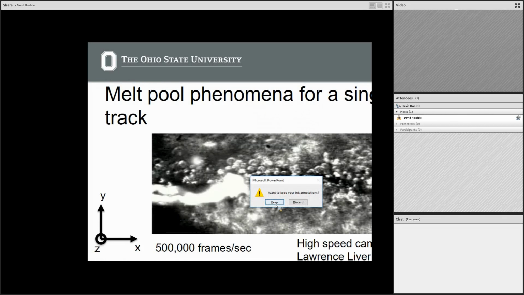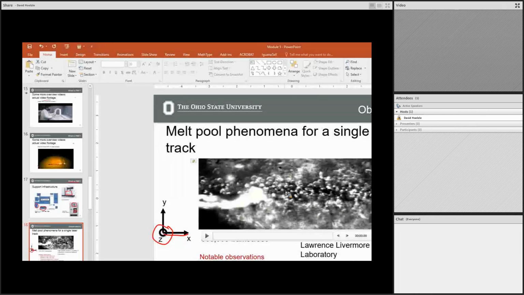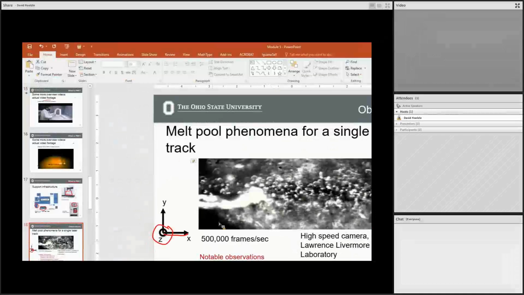Keep annotations. Not sure that's working. Cannot play media, that's always fun.